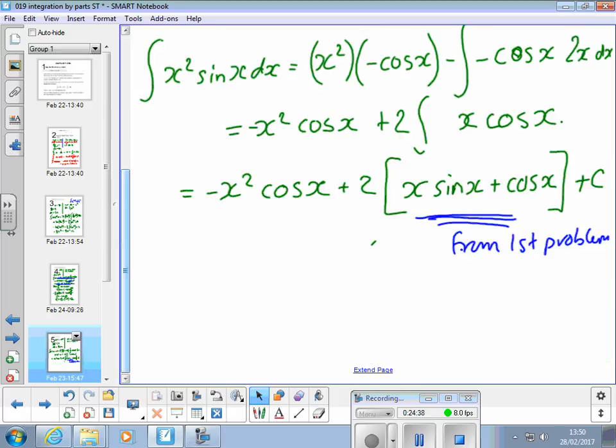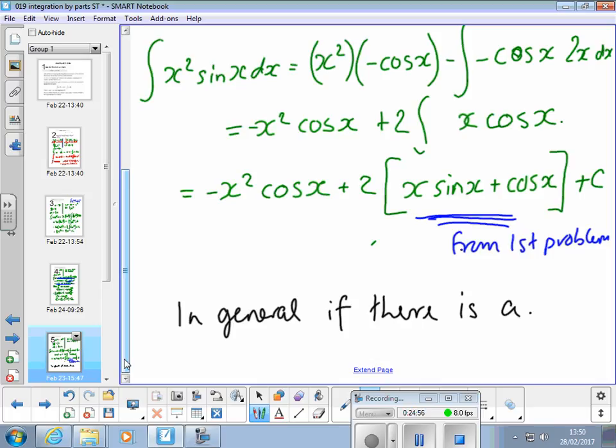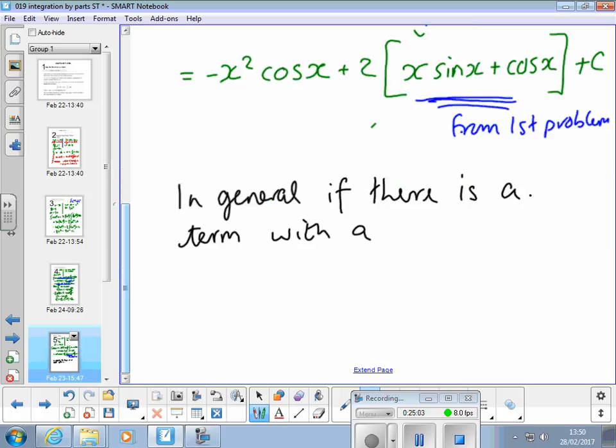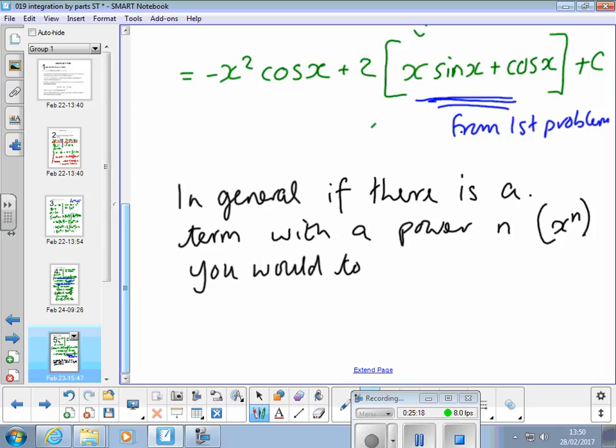So, in general, if there is an x with a power n, i.e. x to the n, you would need to integrate by parts n times.